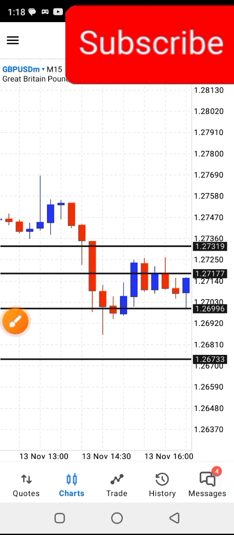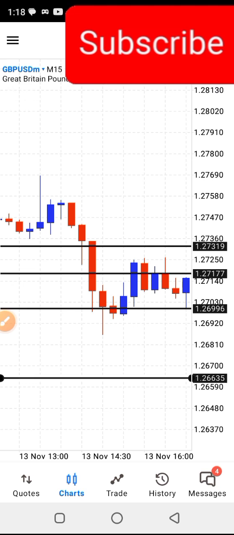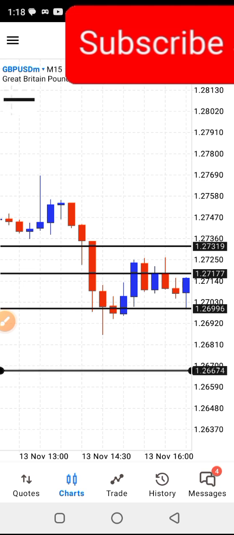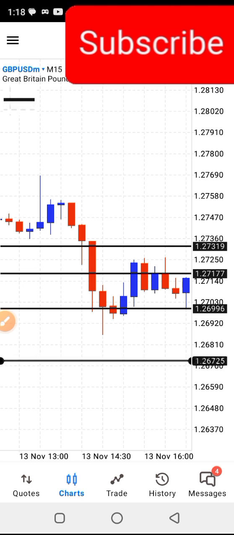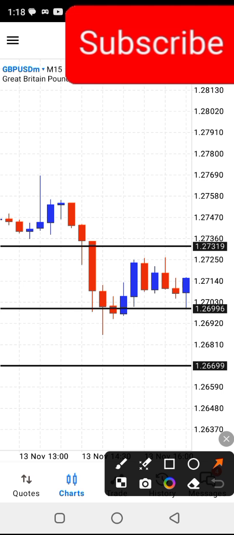If I take 31 pips away from 1.27, it should be somewhere around 1.2669, somewhere right here. So let me remove this. Okay, so this is what we are dealing with. This is my entry position, this is my stop loss, and this is my take profit position.